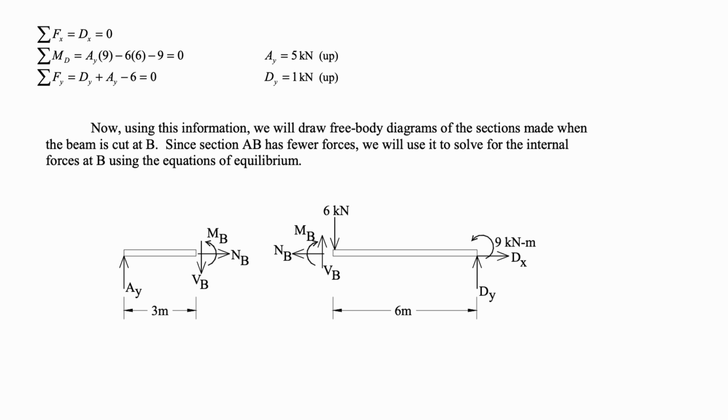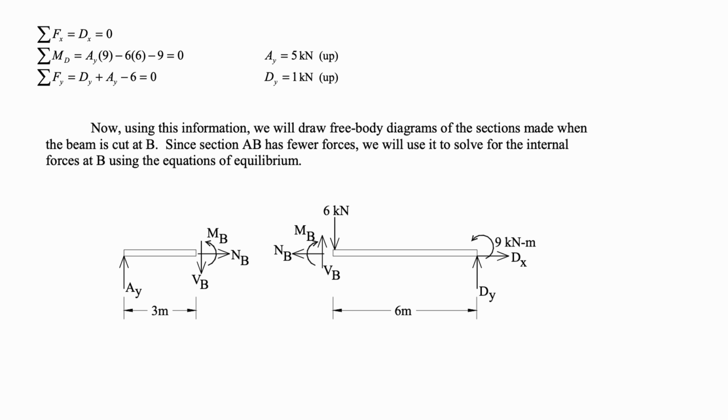Now, using all of this information, we will draw free body diagrams of the sections made when the beam is cut at B. And since section AB has fewer forces, we'll use it to solve for the internal forces at B using the equations of equilibrium. So if we cut to the left of the force, we'll have only Ay, which means that our shear force at point B is equal to Ay.